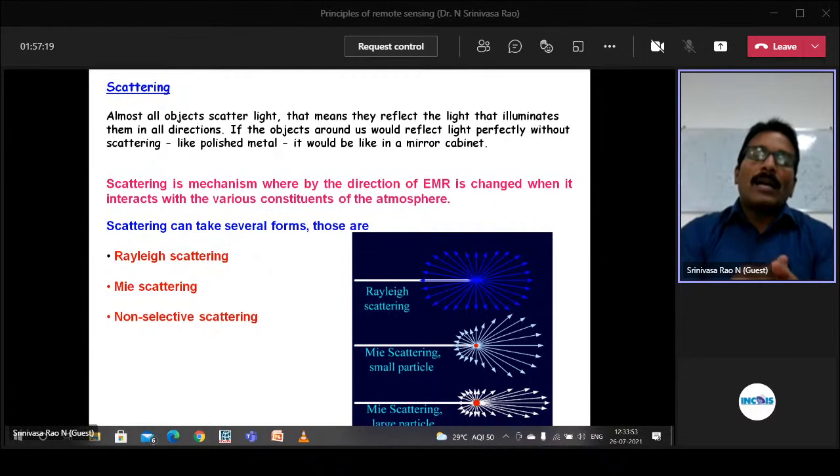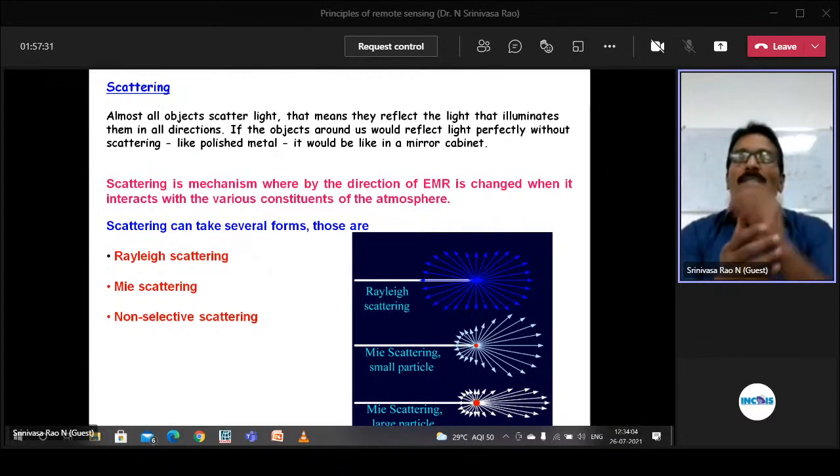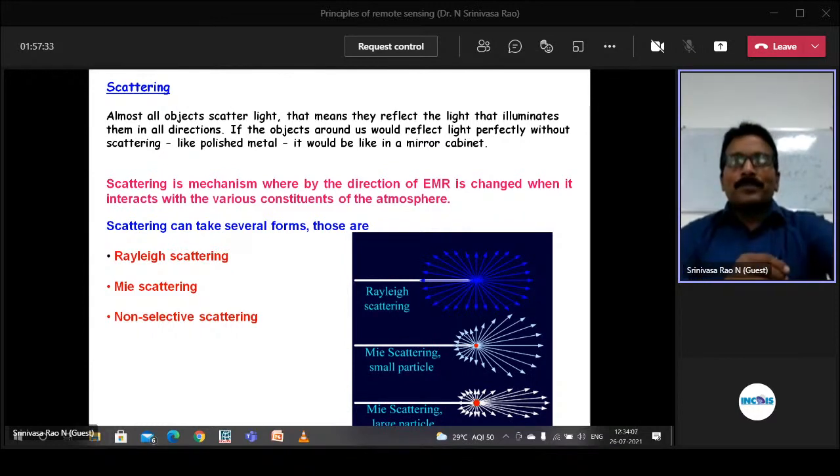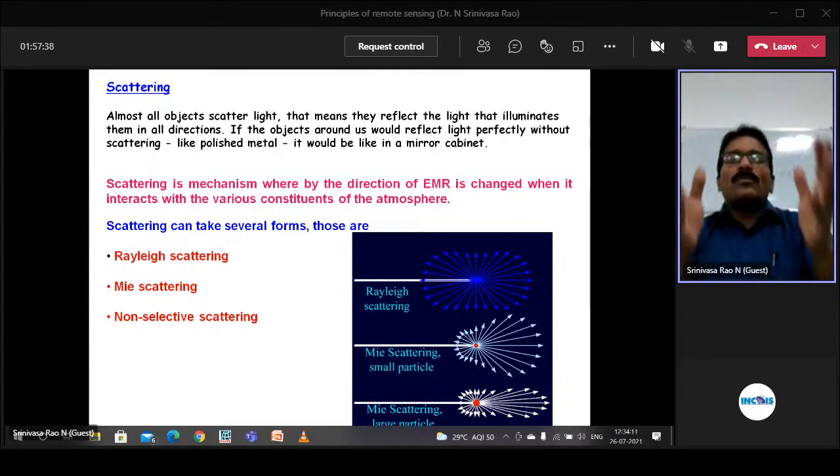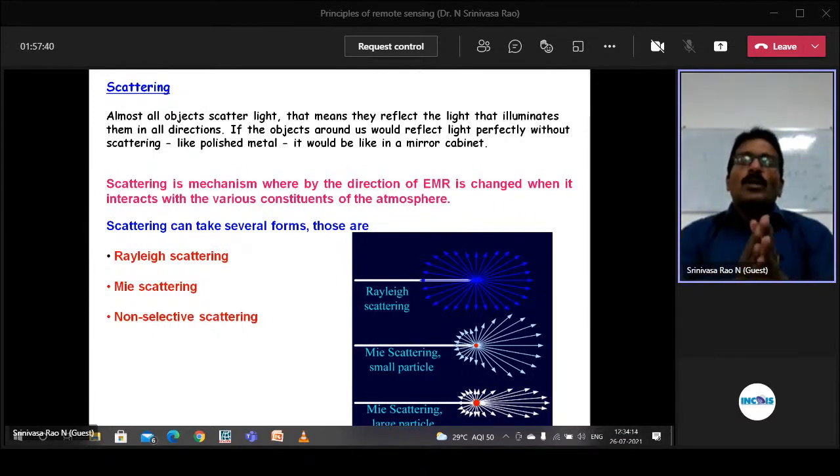Because we are not getting 100% of the information, we are unable to study the target characteristics properly. The best example: in front of you, one person is standing. If the person is nearby, say 20 meters, you can see the perfect picture of the person. But if the atmosphere is hazy or it's raining, we see the person but cannot see the clarity of his face.